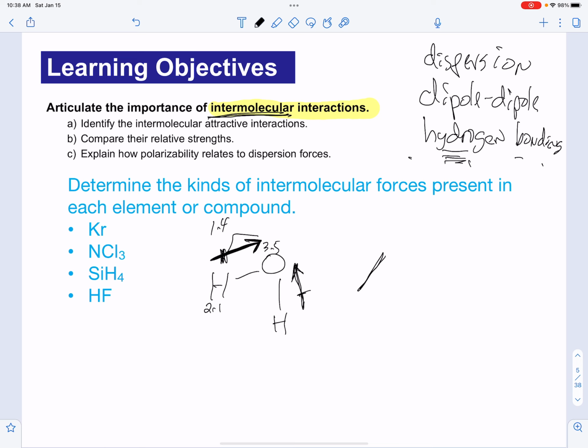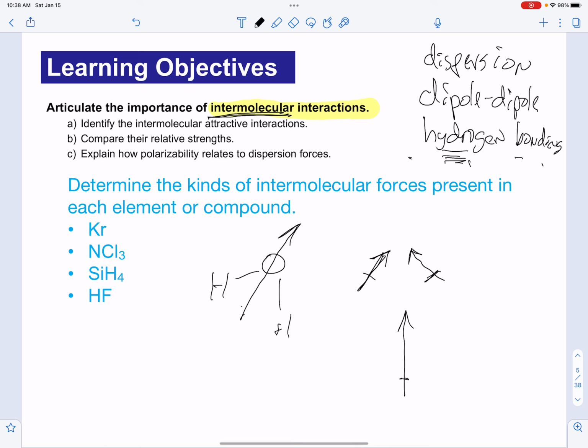And when you have two forces acting together on that configuration, they combine to give you that. So a better way to represent water is like this.